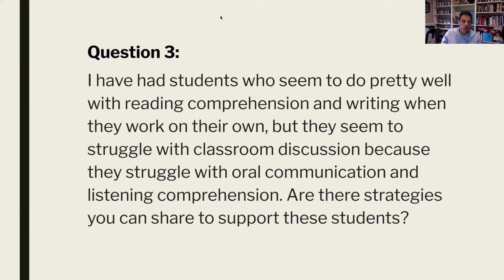Yeah, I think setting up situations where they have an ability to demonstrate that reading comprehension, either in classroom discussion or maybe in small groups, is to try to create low stakes situations. So I try to break up classes into varying groups a lot of times.